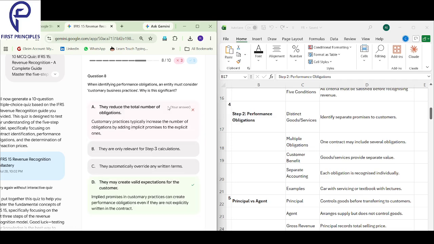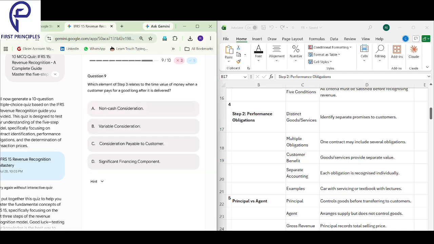A. Okay. They create a valid expectation for the customer. Implied promises in customary practices can create performance obligations even if they are not explicitly written in the contract. Okay. No worries. Let's take the next one here.